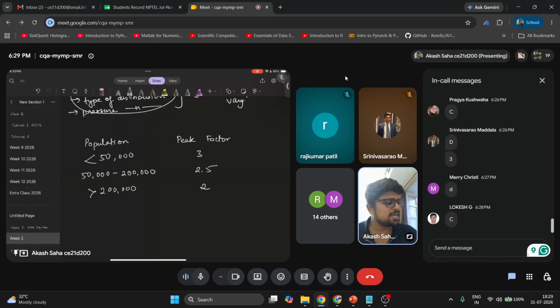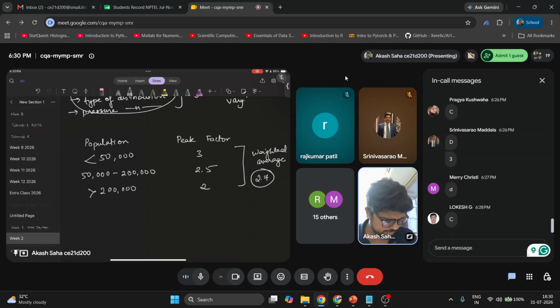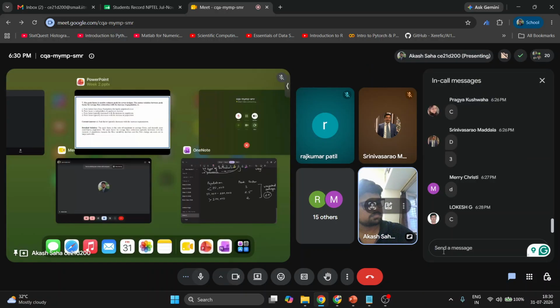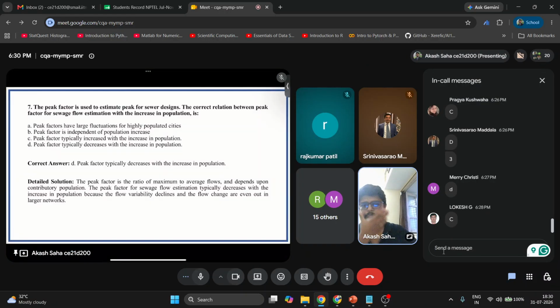Generally, we take the peak factor as the weighted average of all three, which turns out to be around 2.7. So mostly we take the peak factor as around 2.7. I hope this is clear to all of you.